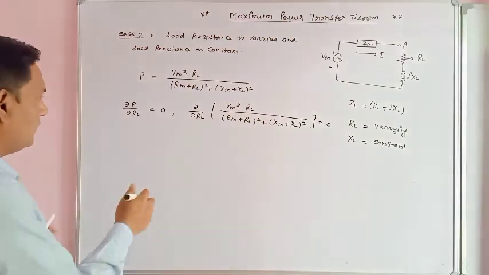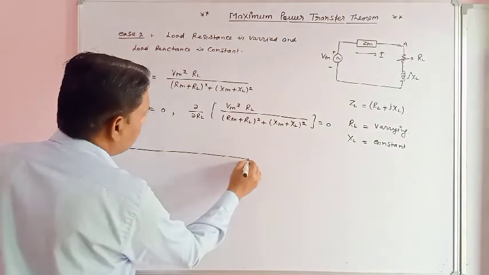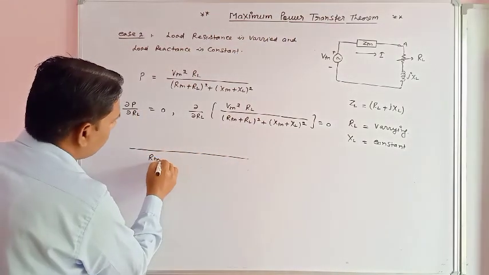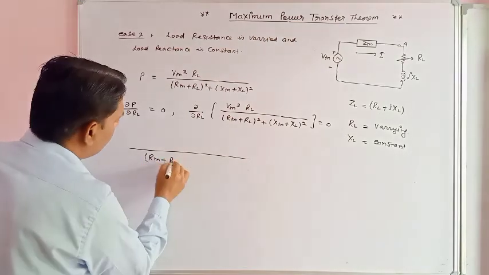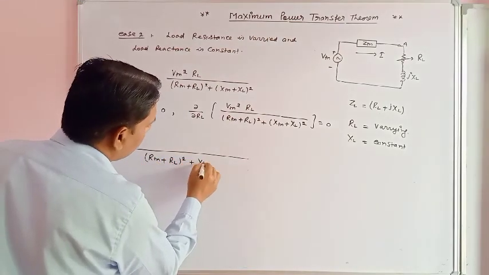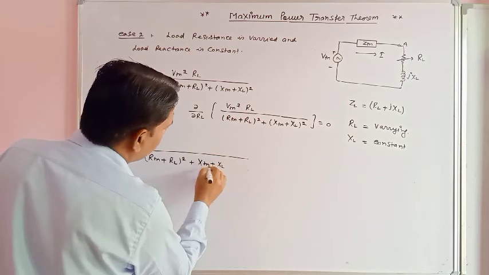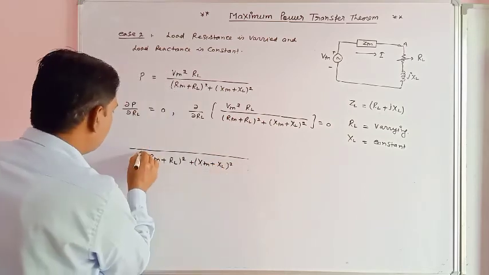So differentiate it. When we differentiate, the denominator will be RTH plus RL to the whole square plus XTH plus XL to the whole square, to the whole square.